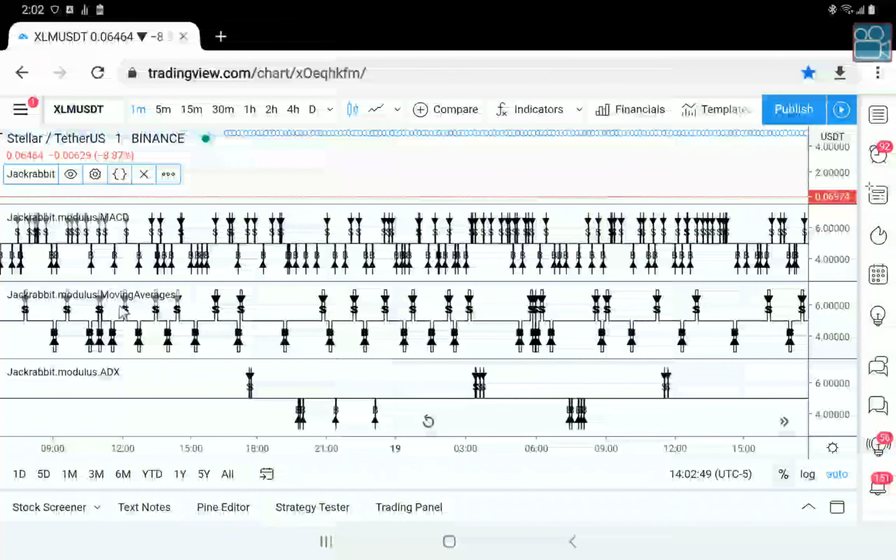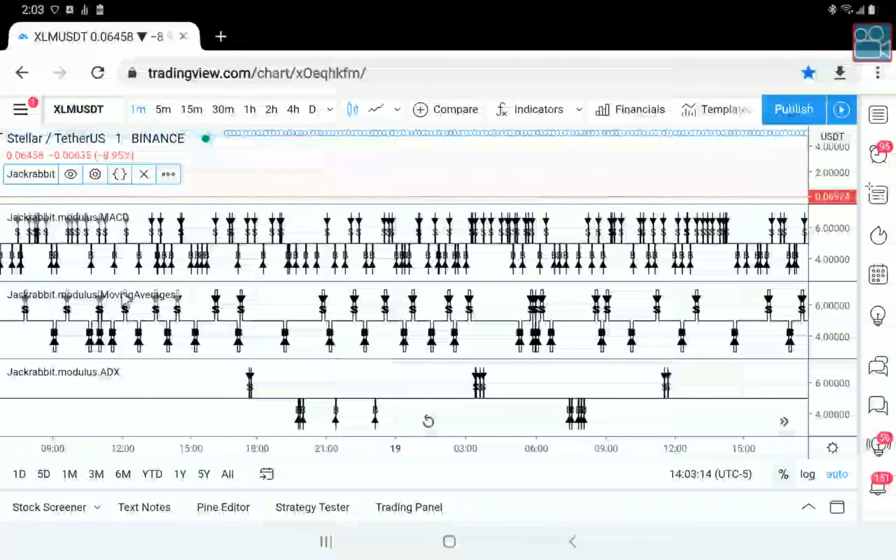For example, right here, MACD leads moving averages, but moving averages leads ADX. So MACD is the leading mindset, ADX is the lagging mindset. So this is going to be the top of the chain. This could be the bottom of the chain.